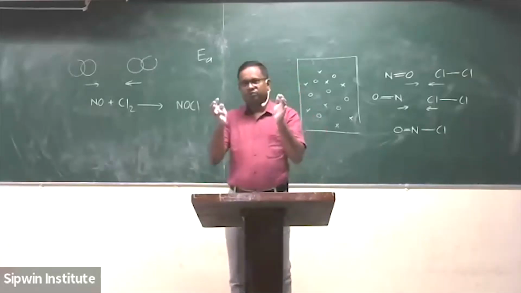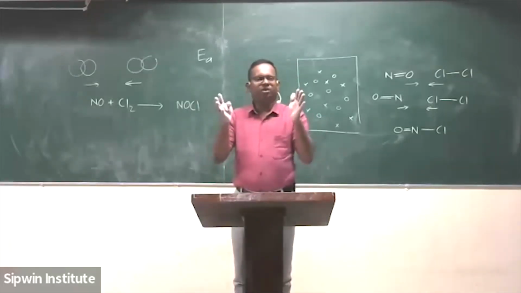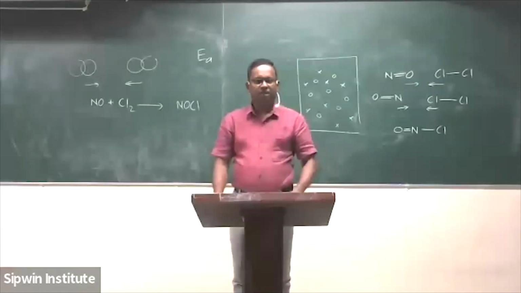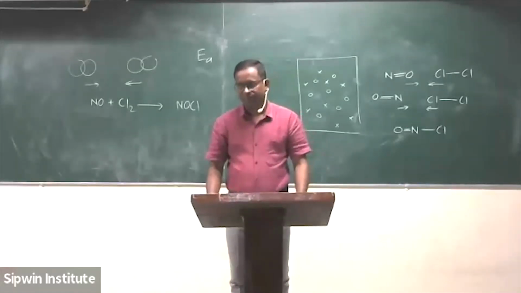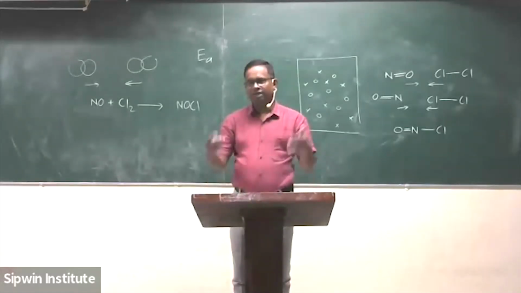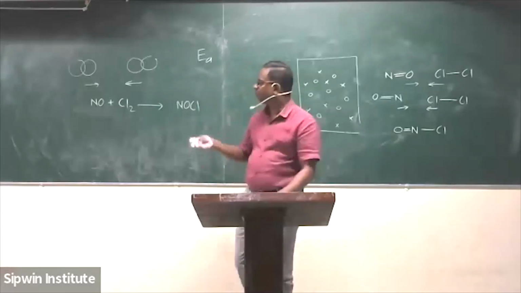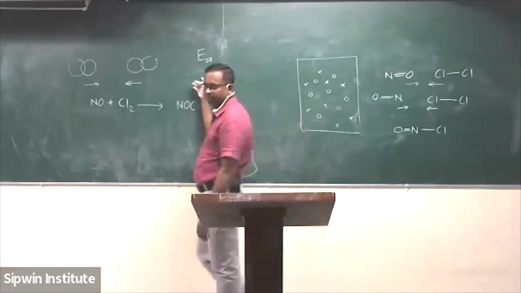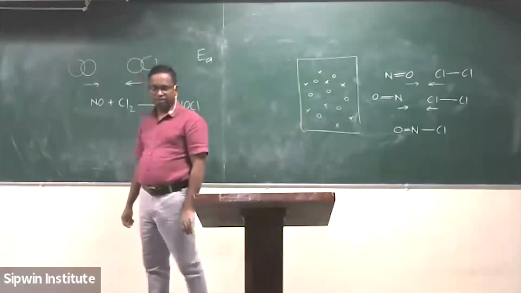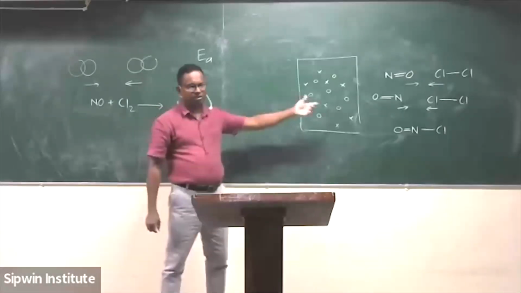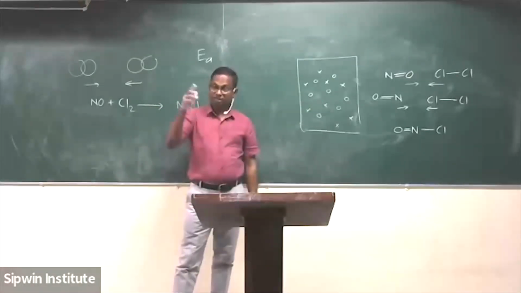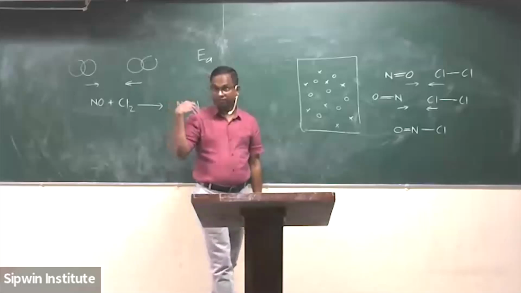So first thing is the molecules should come into contact. Then the colliding molecules should be with a certain minimum energy or more than that. Then they should have the proper orientation. Later, now you are still learning here, no?